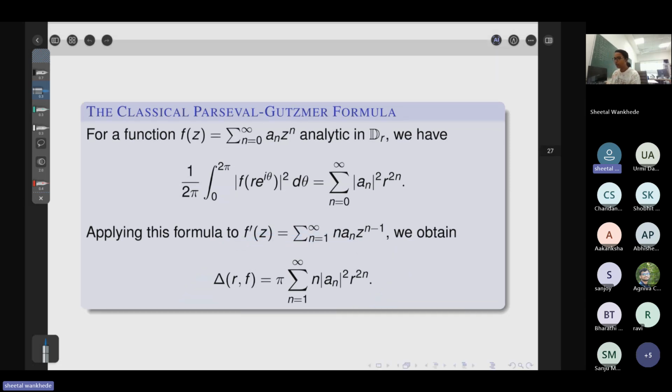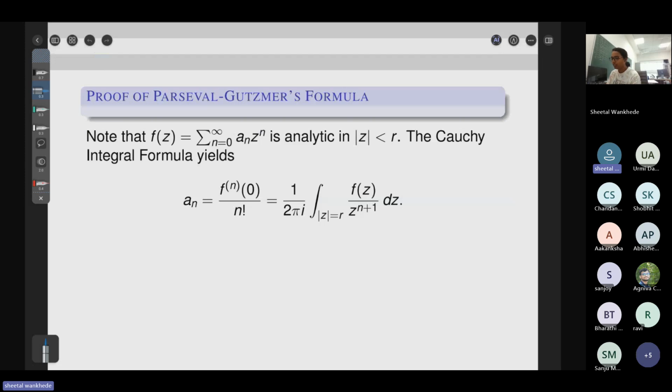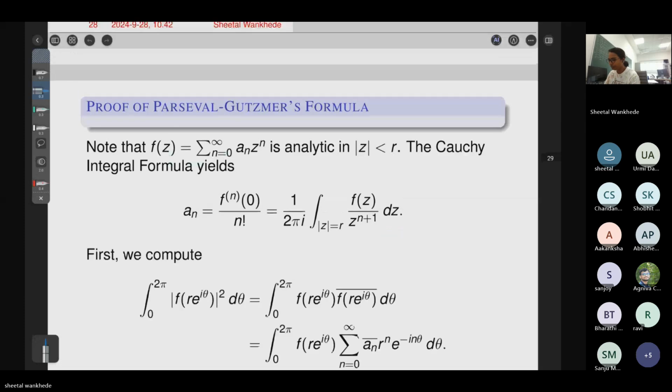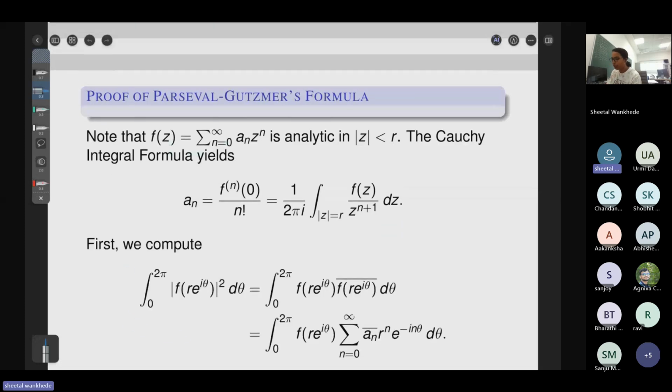So we see the proof of this formula one by one. We use simple complex analysis to prove this. We have this analytic function in the disk mod z less than r, so we can use the Cauchy integral formula. From this we have a_n equal to 1 upon 2 pi i times the integral of this value. Next, we first compute the integral from 0 to 2 pi.